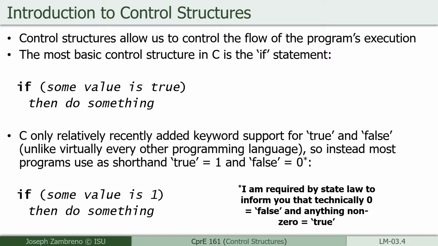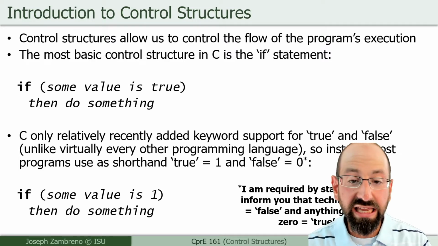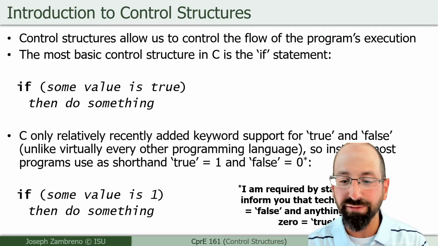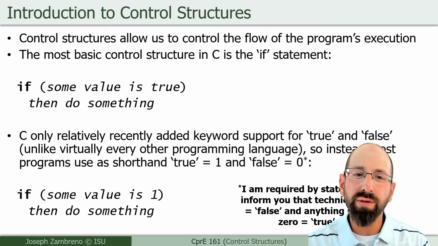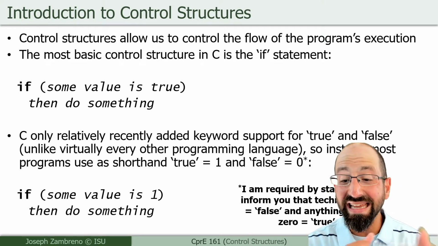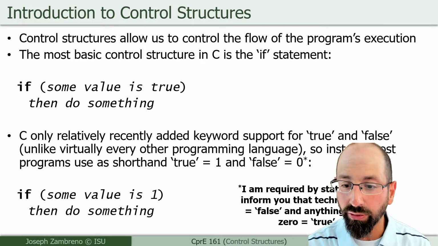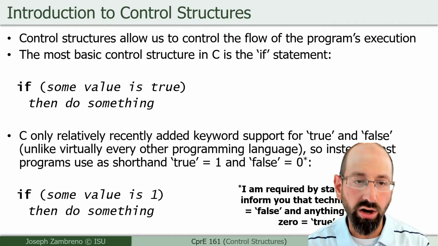There's a keyword for the truth that you can use, true or false, defined in stdbool.h. But most commonly what we're doing is checking is some value non-zero or is some value 0, and that's what we're going to use to make our if statements.